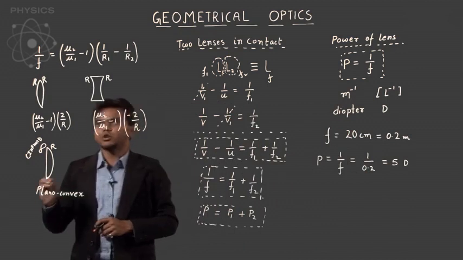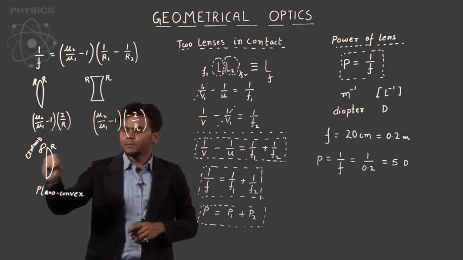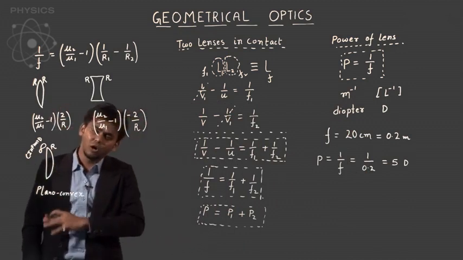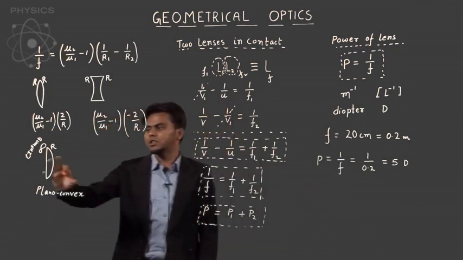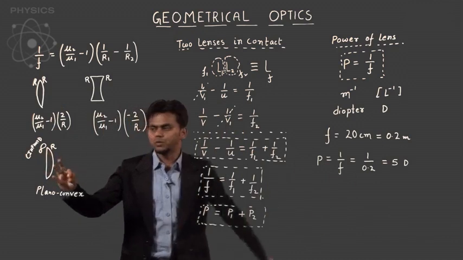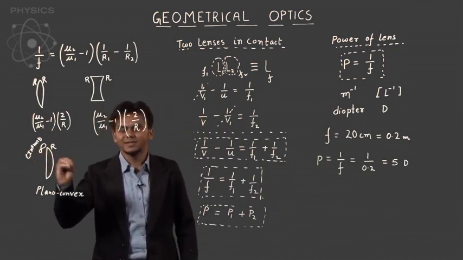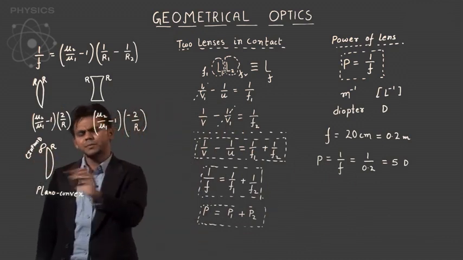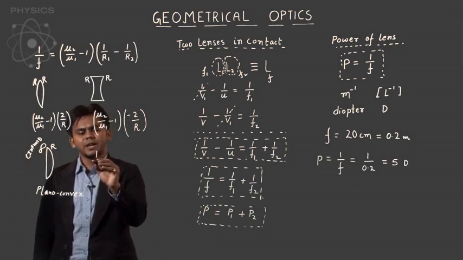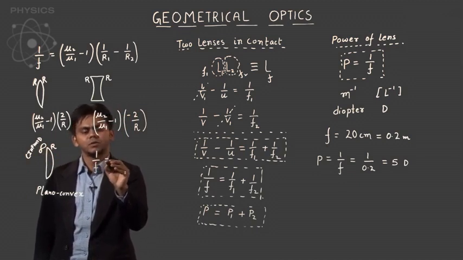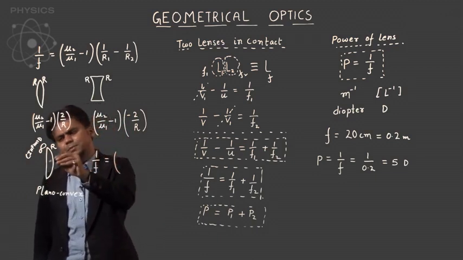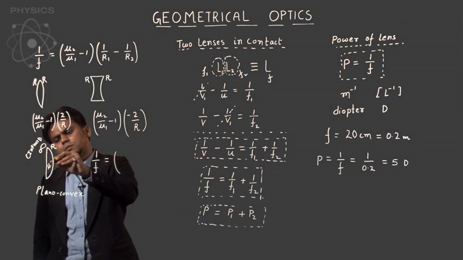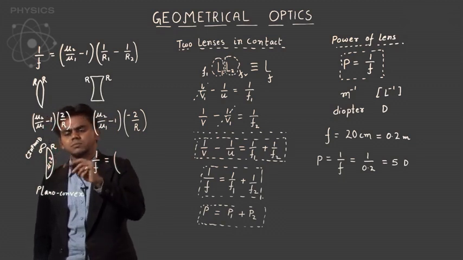Now, I have talked about only biconvex, biconcave and plano-convex. All the other diagrams would have a similar treatment. Just do a similar calculation for this and you'll understand it through. I'll just help you with this plano-convex thing. Now, your 1 by f over here would be equal to, for simplicity, let's say mu of the medium is some 2, right?